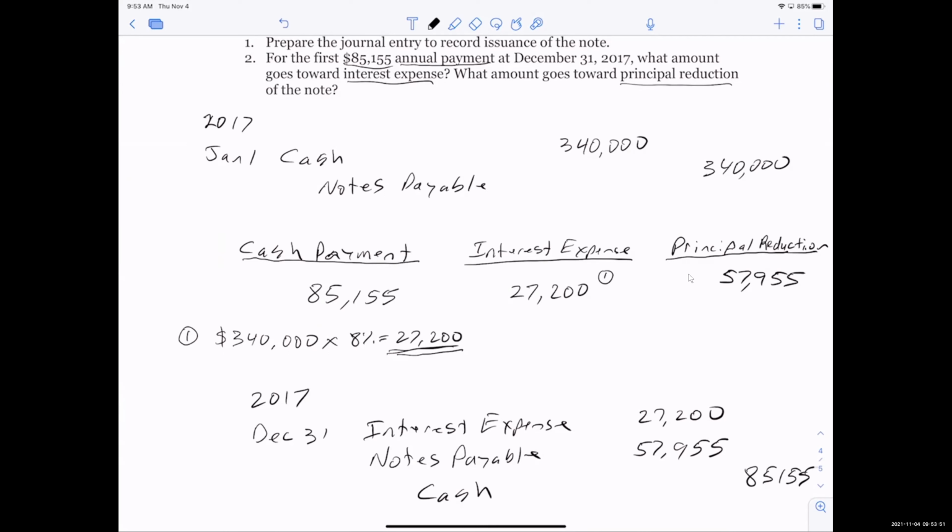To do that, I have to put in extra money so that it will reduce the principal. Let's say my cash payment was $85,155. I know the interest expense would be $27,200, and my principal reduction $57,955. What I did was add more money so that the principal would reduce further.